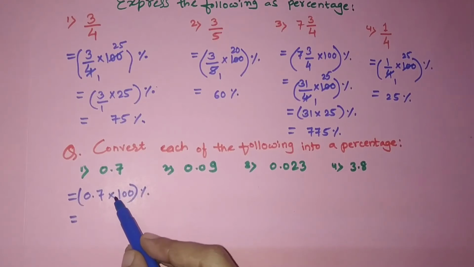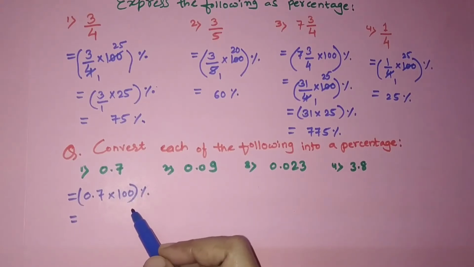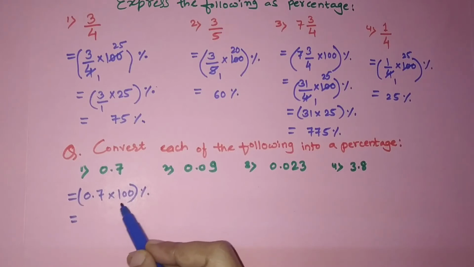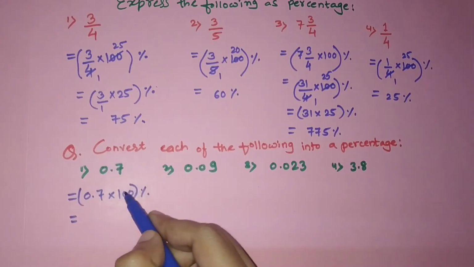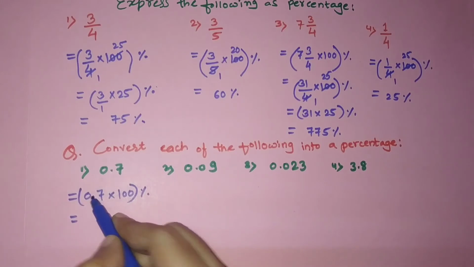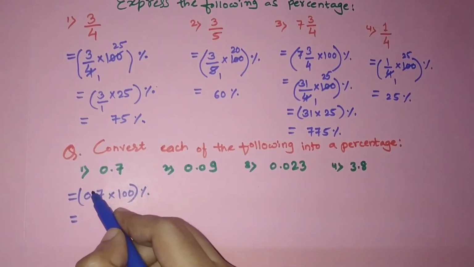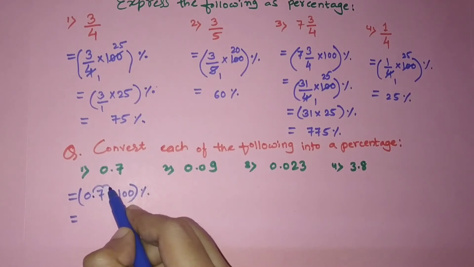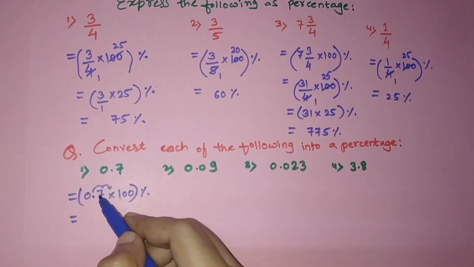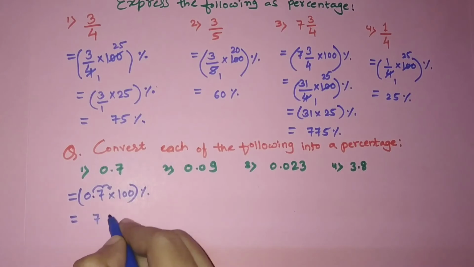We just shift the decimal as many places as the number of zeros we are multiplying by. Here in 100 we are multiplying with 2 zeros, so shift the decimal place to the right according to the number of zeros. The decimal moves one place, and one more place we take as 0. So we get 70% here.